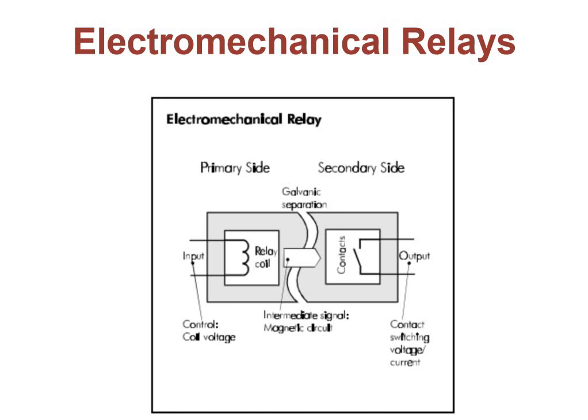The principal internal functions of electromechanical relays are conversion of electrical current to a magnetic field, then conversion of the magnetic field into a mechanical force, and the force operates the contacts on the secondary side. These contacts switch and conduct electrical current to the output circuit or to the load.